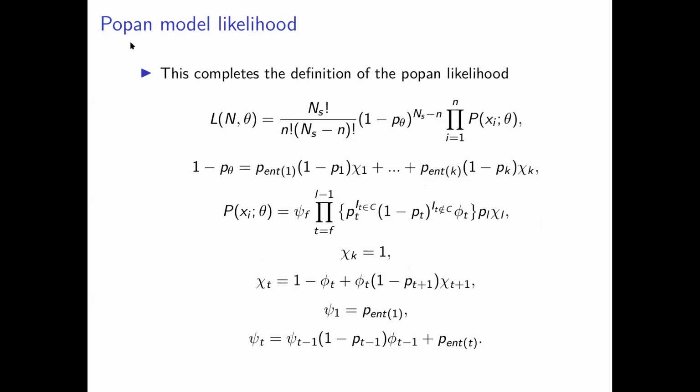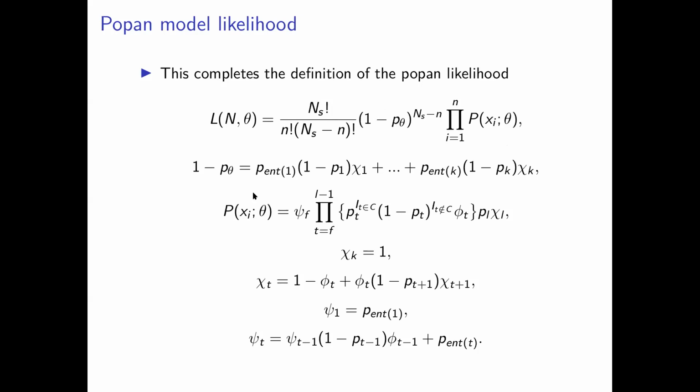Okay, and that's everything we need for the definition of the Popan likelihood. So we have the likelihood as this binomial detectability structure, but now in terms of the superpopulation, we have our definition of, well, here it's in terms of not detecting an animal, which we can put directly into the likelihood here.